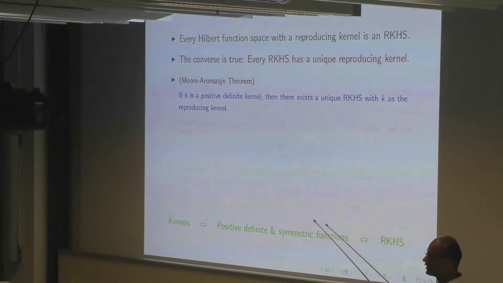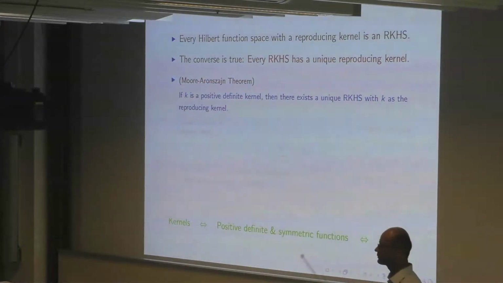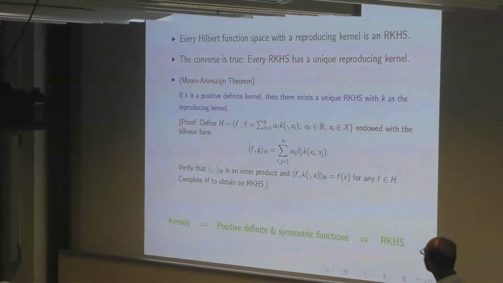I also know it's a reproducing kernel, and there exists a unique RKHS. Okay, maybe I don't know what the unique RKHS is. But actually that's not even needed. For all the machine learning kernel algorithms, you don't even have to know what the RKHS is. That is the beauty. All you need is positive definite. If you know something is positive definite, you are in the game. Okay. So this is a proof which I'll skip.